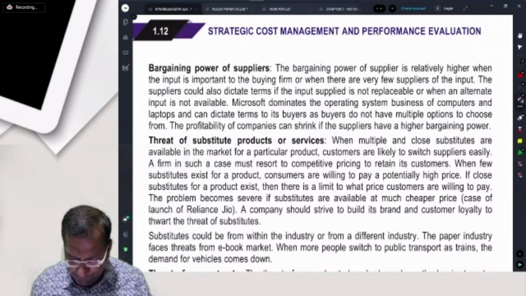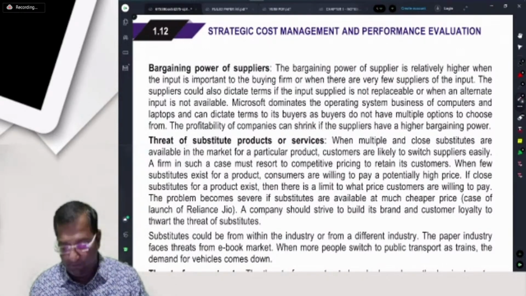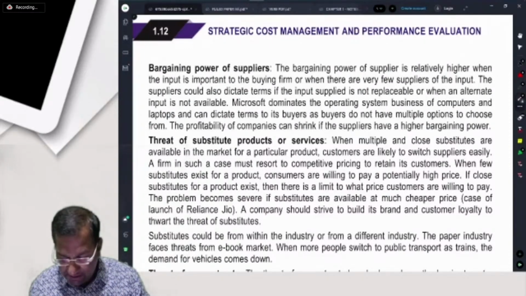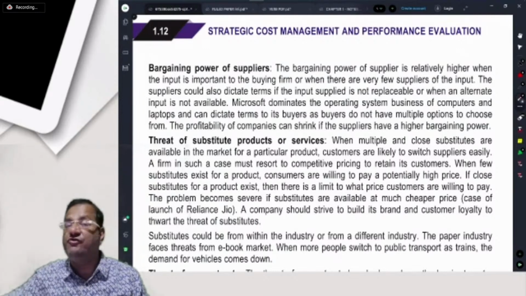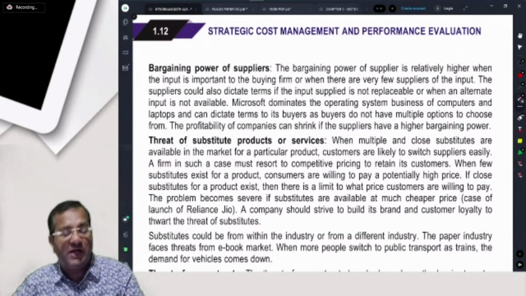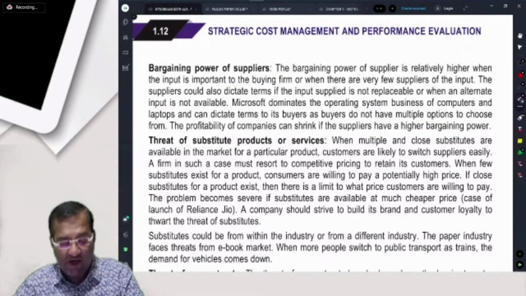When multiple and close substitutes are available in the market for a particular product, customers are likely to switch suppliers easily. Do you agree, beta? If there are close substitute products available in the market, customers are likely to switch suppliers easily.